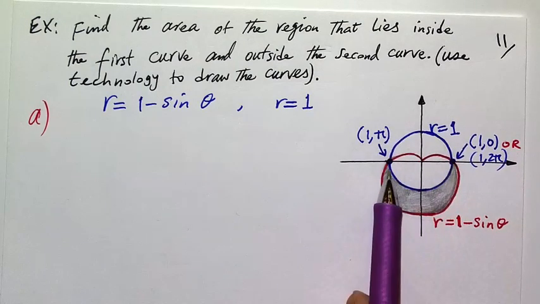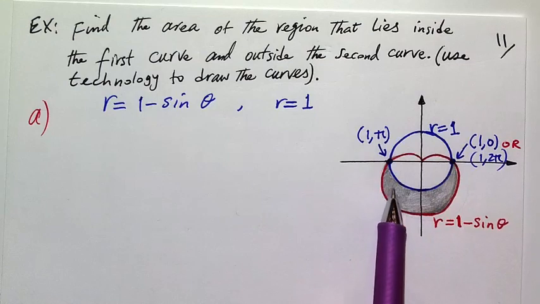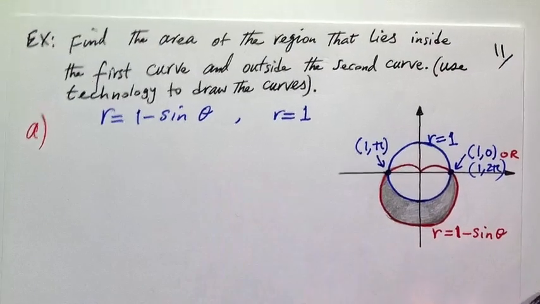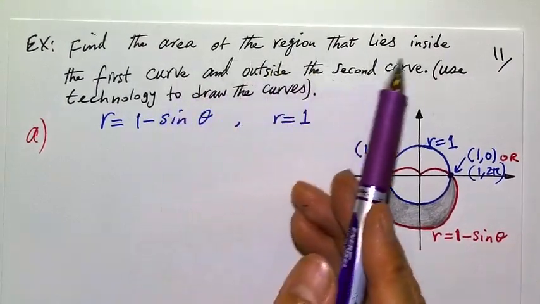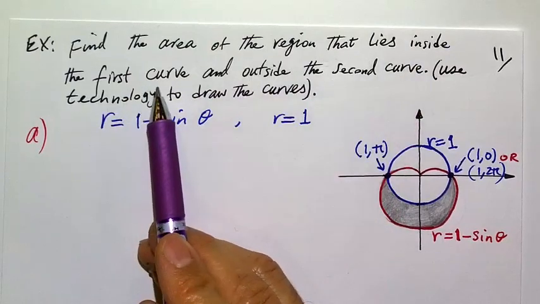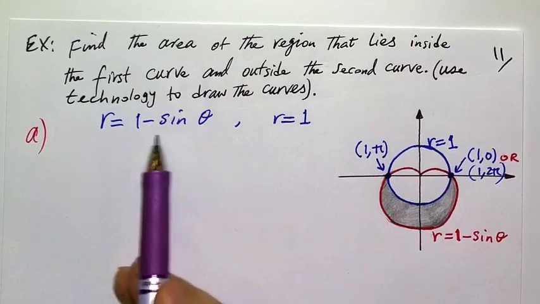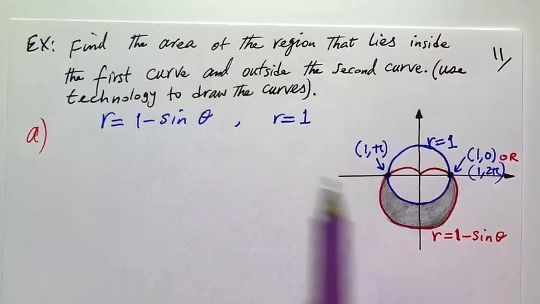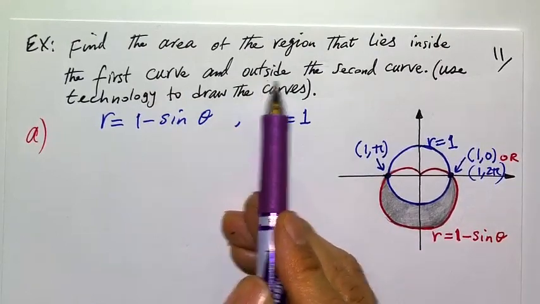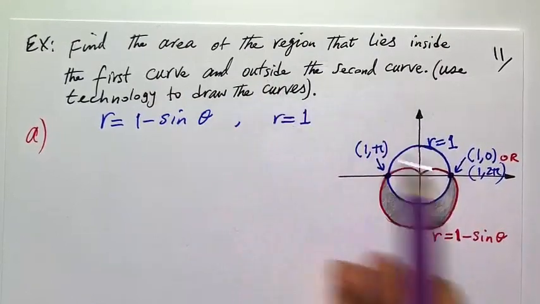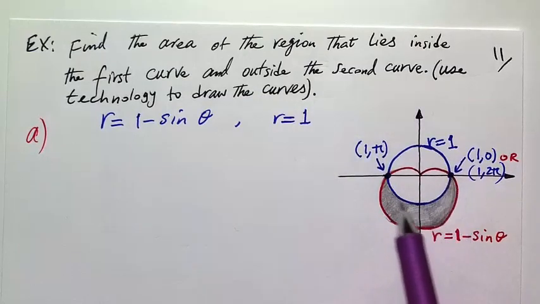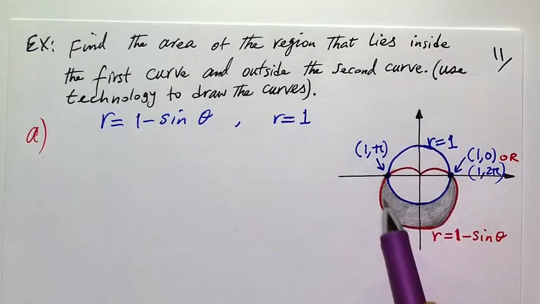That's not what we want. They're saying find the area of the region that lies inside the first curve, and outside the second curve, which is r equals 1. Outside of this curve, inside of this curve. So that's that.